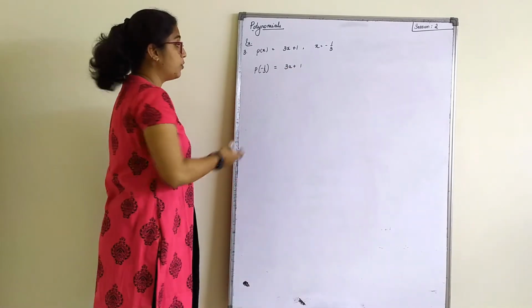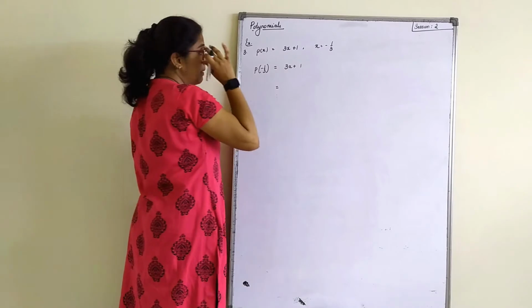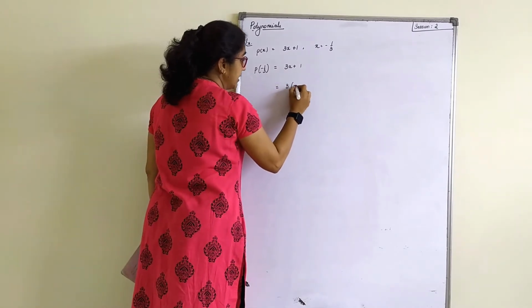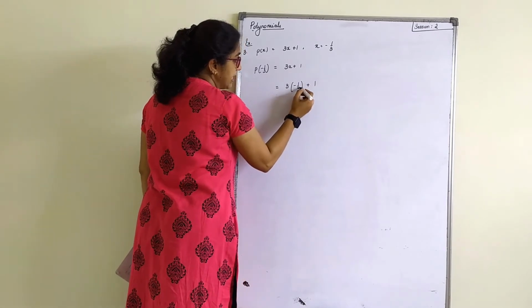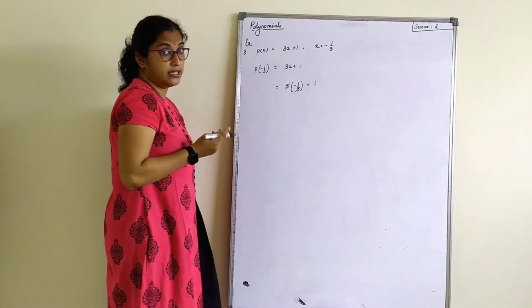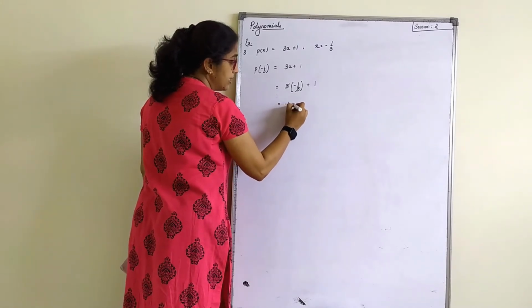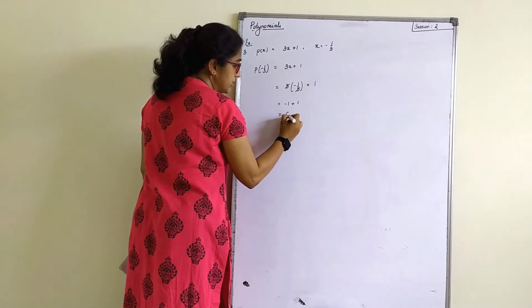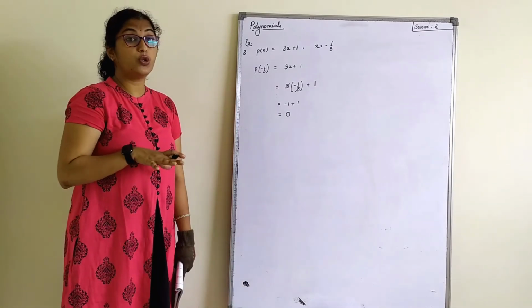Wherever x is there, I need to substitute minus 1 by 3. 3 into minus 1 by 3 plus 1. Can I cancel this 3 and this 3? Yes, I can do that. What has remained? Minus 1 plus 1. Answer is 0.